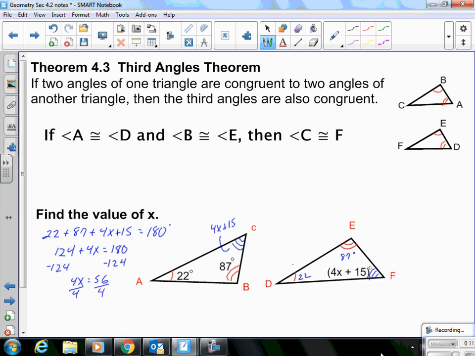Divide both sides by 4, and x is going to equal 14. You could have also just taken 22 and 87 away from 180, and then what value that gave you, you could set equal to 4x plus 15 if you wanted to do it that way.